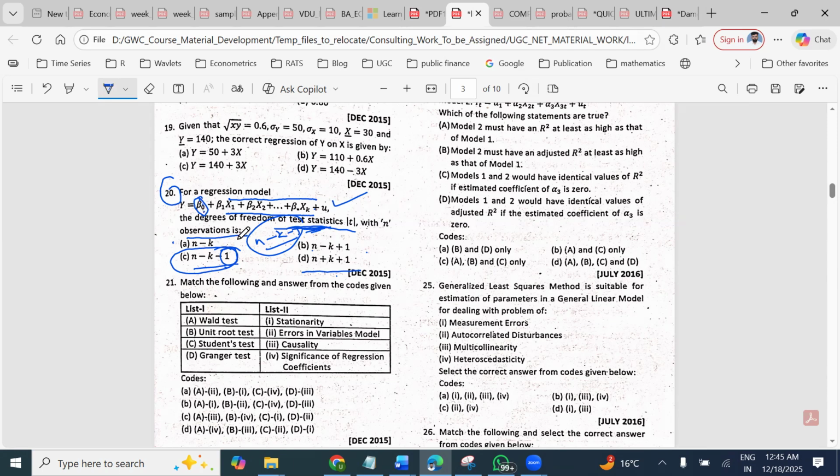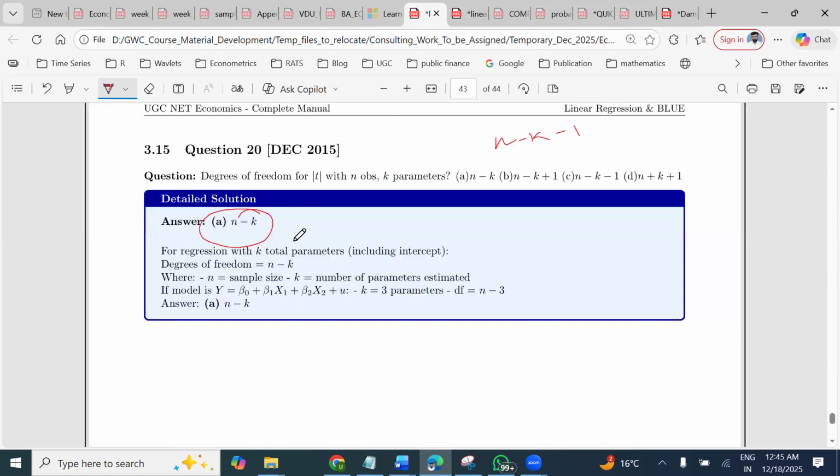So sometimes the answer can be n minus k also. Are you getting my point? So there is a contention. If I say number of parameters, the way Madhusmita told, then parameter beta naught is also coming. Are you getting? Yes, sir. So that is why the answer n minus k is also written.